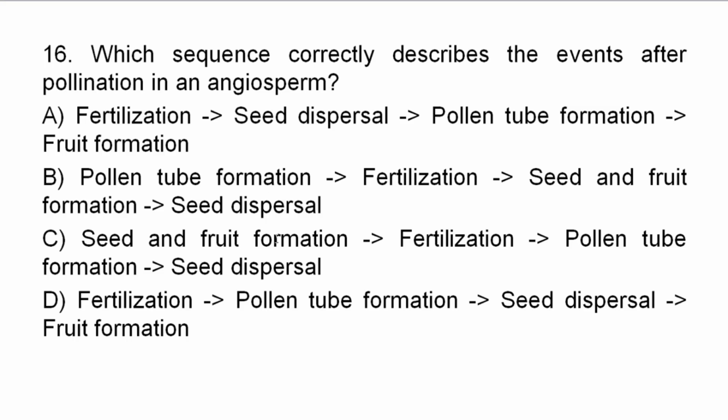C. Seed and fruit formation, then fertilization, then pollen tube formation, and finally seed dispersal. D. Fertilization, and then pollen tube formation, seed dispersal, and finally fruit formation. So which one is the correct sequence that describes the events after pollination in an angiosperm, or in a flowering plant?